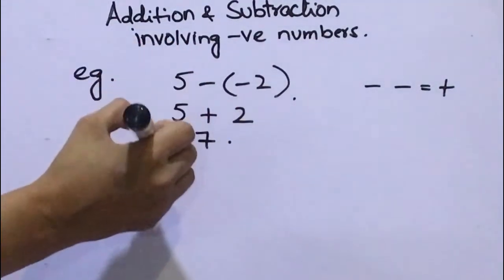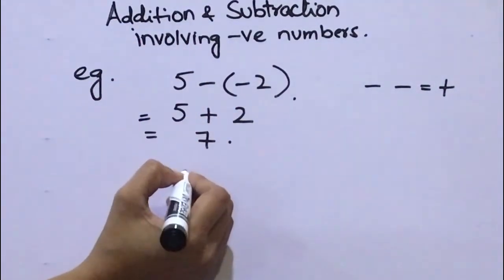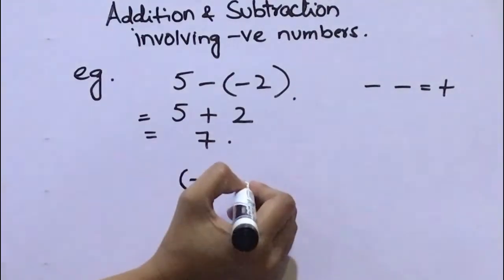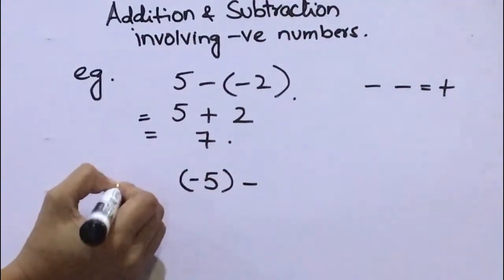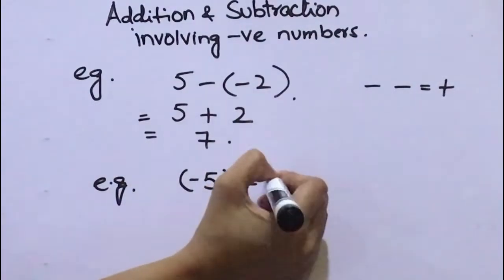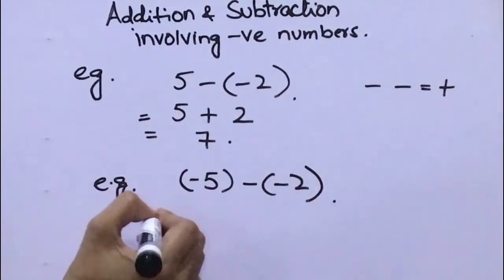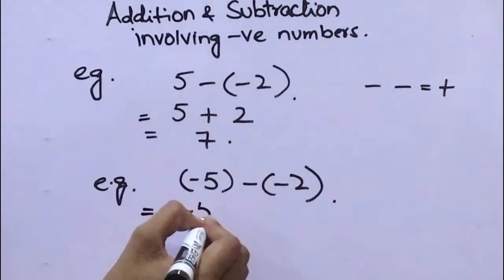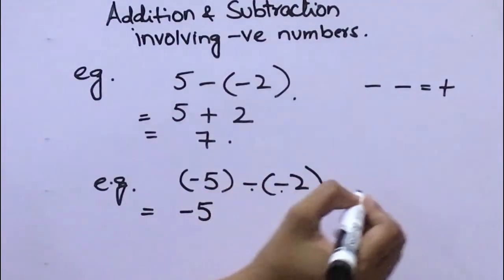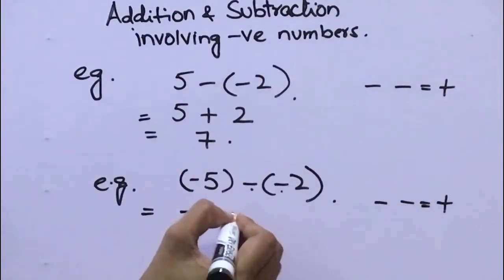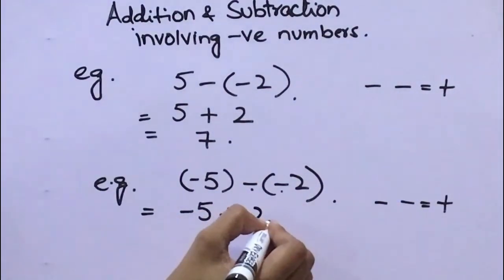And another example of this, if we want to subtract a negative number from a negative number, minus 5 minus 2. What will we do? It's minus 5, minus and minus, minus would react like plus. So it will become plus 2.